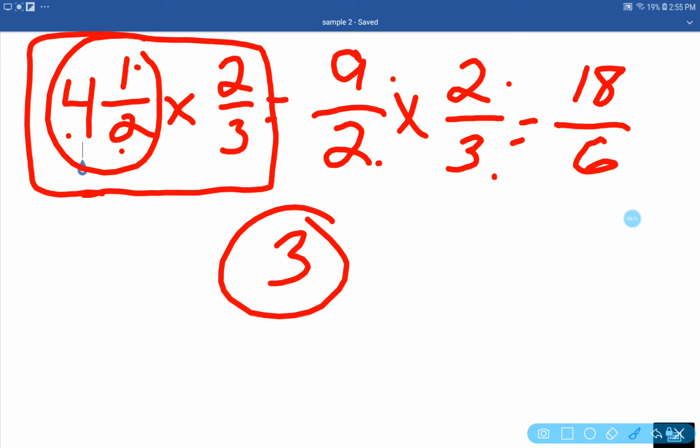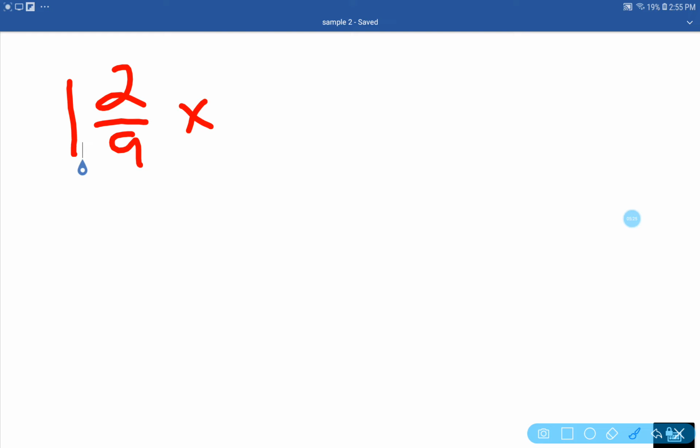All right, and I'll do one more with you. Now if we had one that was like this, 1/2 times 1 1/2. So the same thing. What we need to do first is to change those over to improper fractions.